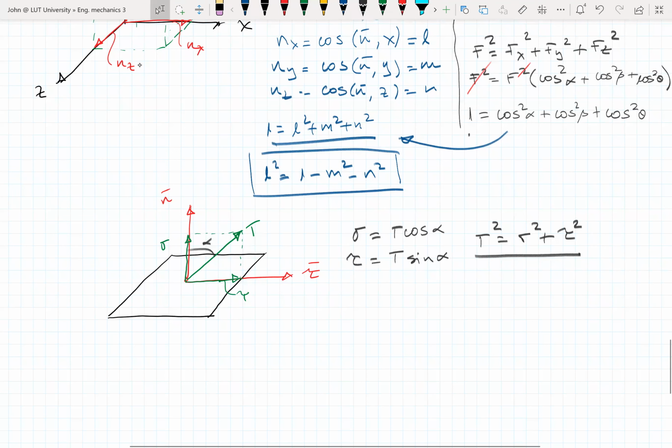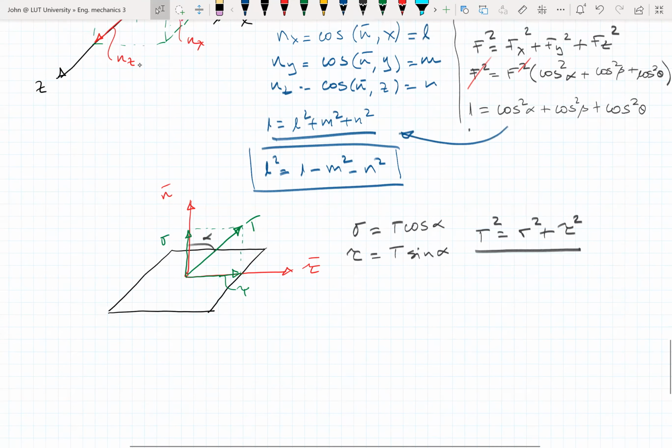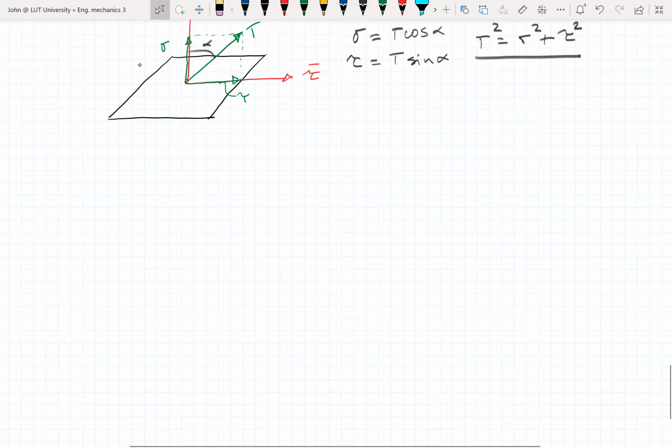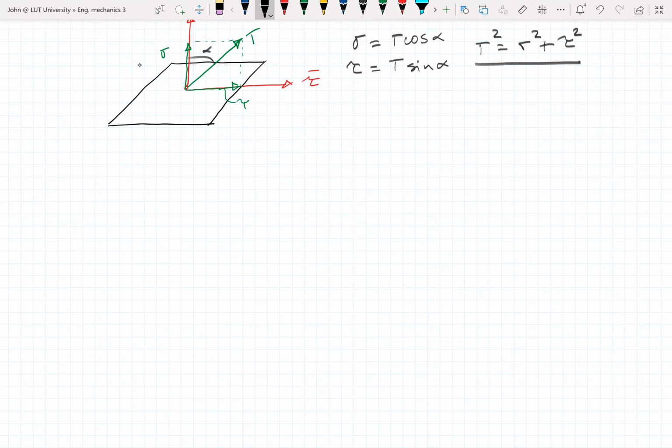Now let's take it to a better or more illustrative case. The topic that we're covering right now is stresses in an inclined plane. What's going to happen here? I'm going to draw a Cartesian coordinate system in here, and I will also draw an arbitrary inclined plane.